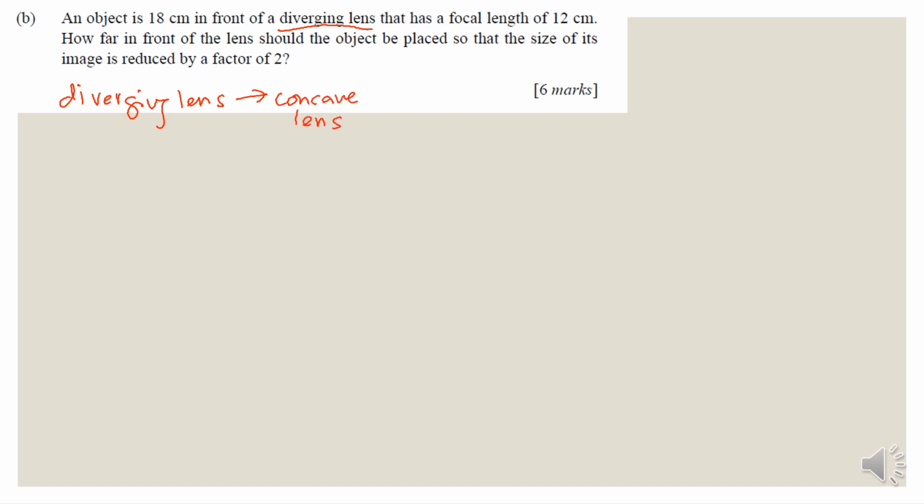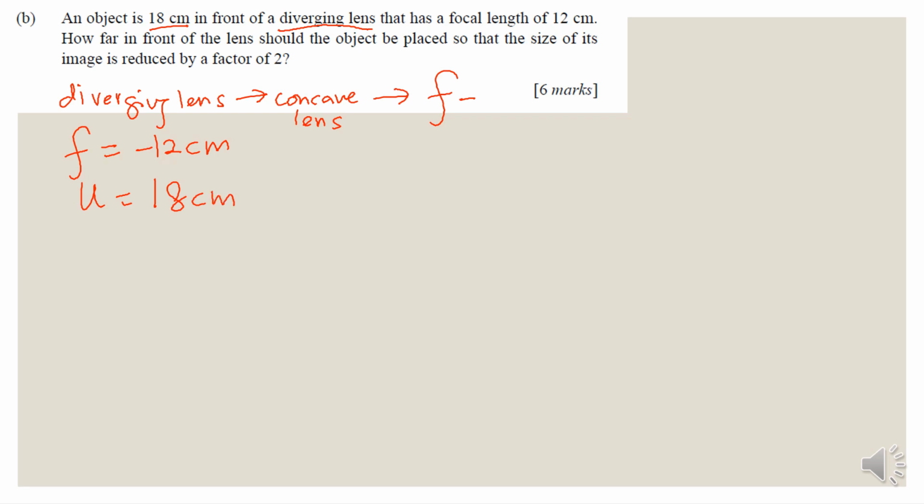So bila kita cerita pasal concave lens, F dia mesti negatif. Okay, so dia beri pula focal length 12 cm, so negative 12 lah. Okay, an object is from a, okay, so itu U dia. Okay, itu U dia is 18 cm.